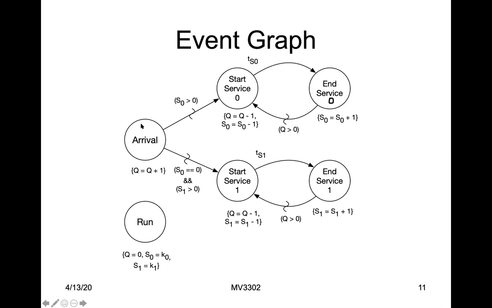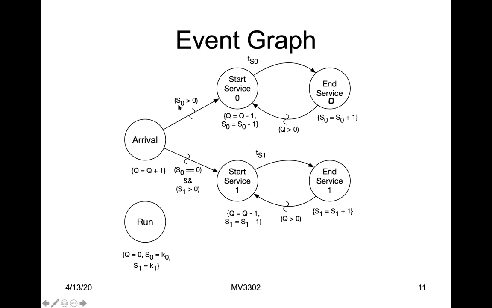Okay, so here's where we have to capture the fact that the customers prefer the type 1 servers. And so if there's a type 0 server available, and that's this condition right here, then you will always start service on a type 0 server, period, regardless of whether there's a 1 available or not.